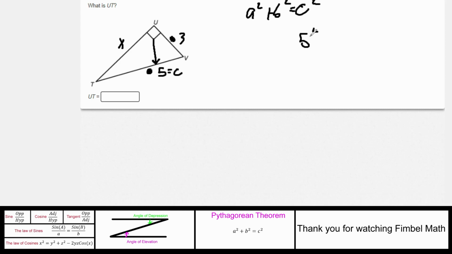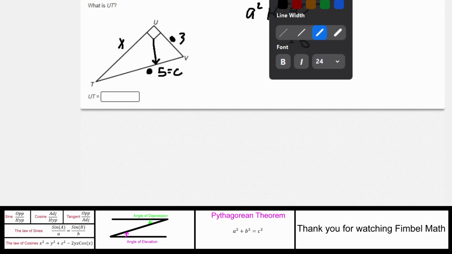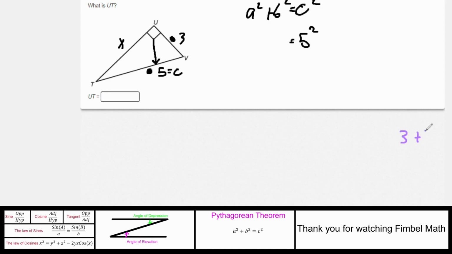So I'm going to end up with 5 squared. And then I have a squared and b squared. Now, I'm just going to do a little aside here, maybe in purple. Is there a difference in these answers? No, they're both 7. So it doesn't matter which order I add them up. What I like to do is start with my unknown.